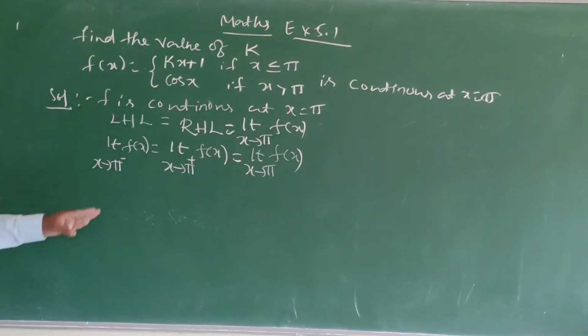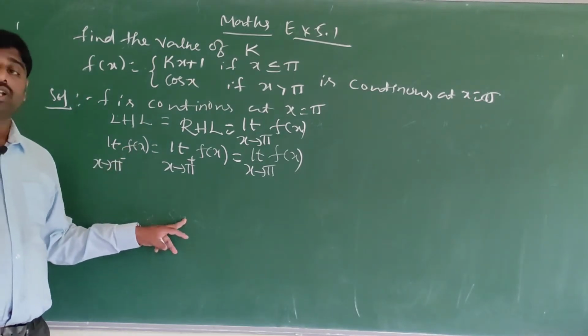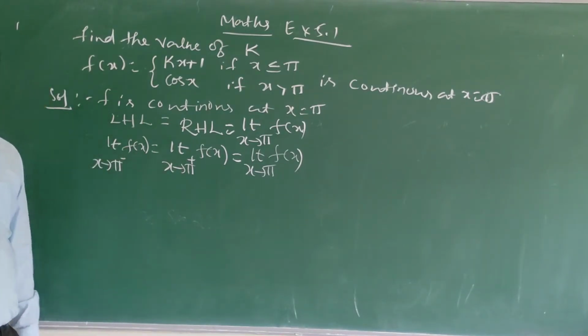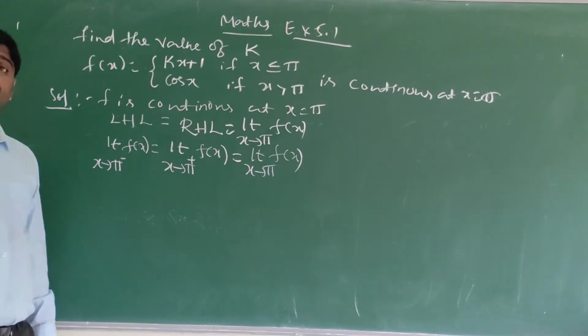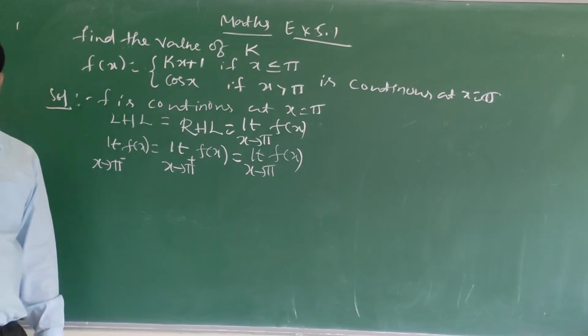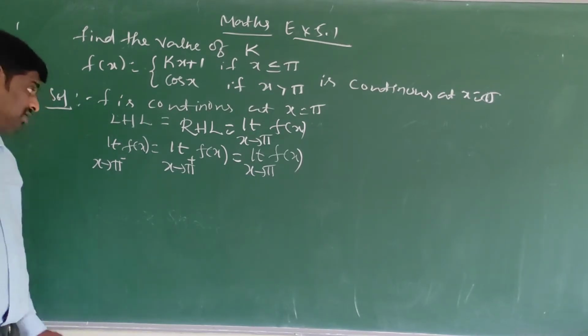Writing these two steps, you will get 1 mark, and substituting the function, you will get another 1 mark. Substituting the limits, you will get 3 marks. Finally, you have to find the k value, you will get 4 marks. This type of problems, they will ask as 4 mark questions.